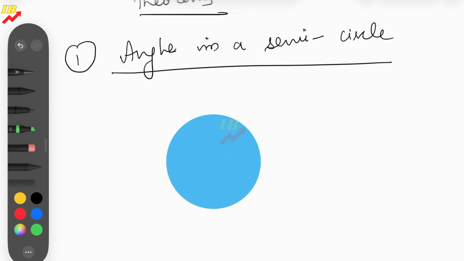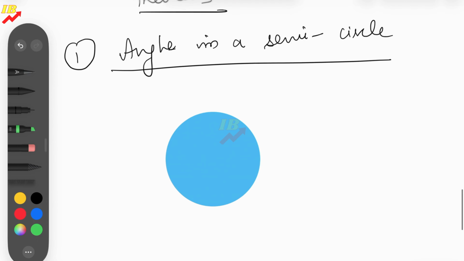Let's understand it. If you have a circle here, this is your diameter, like this.